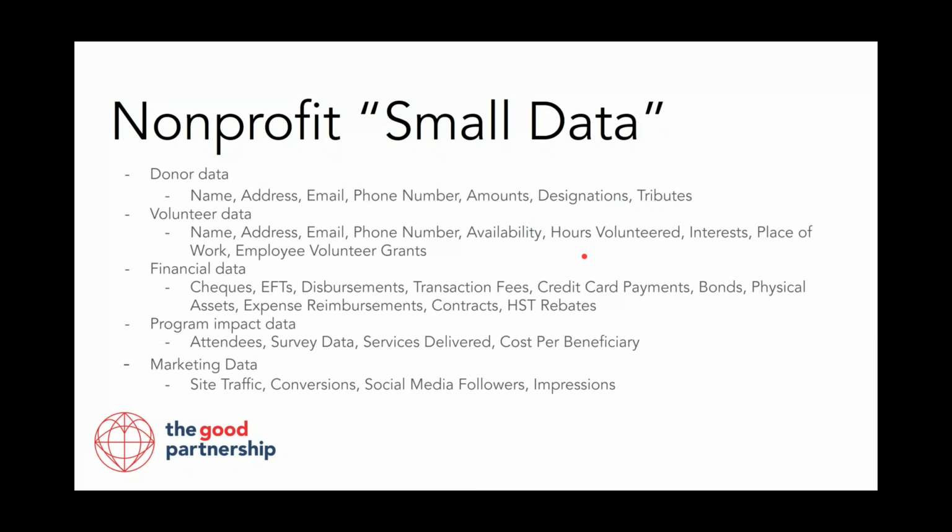You might then also want to know whether or not that place of work employs volunteer grants. And if you can't cross-reference those two data points against each other, you're maybe losing a potential to ask either a volunteer or a donor to help leverage their company's generosity for your good, right?